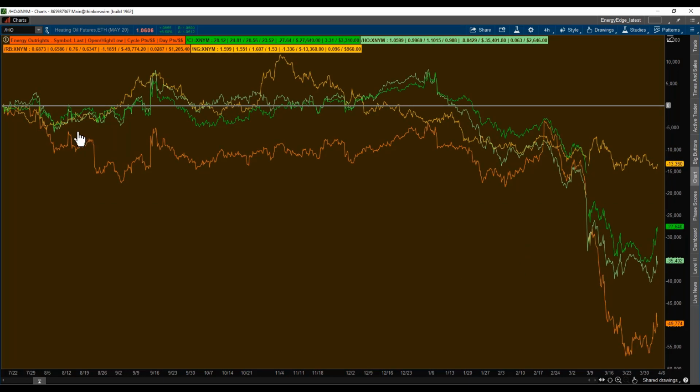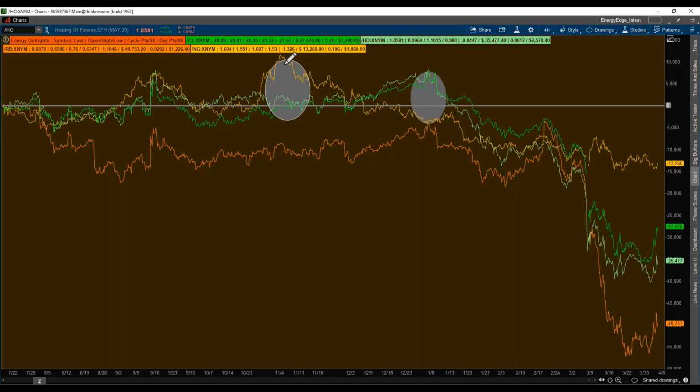What do we see here? Right now, is it fair to say that heating oil is really, really inexpensive relative to natural gas? The orange relative to the green? Pretty obvious, right? If you look back, this is what we want to do.